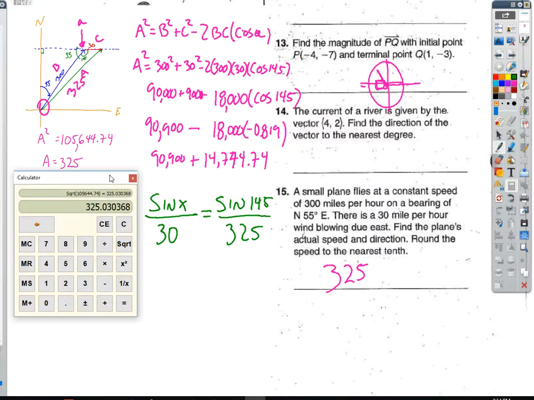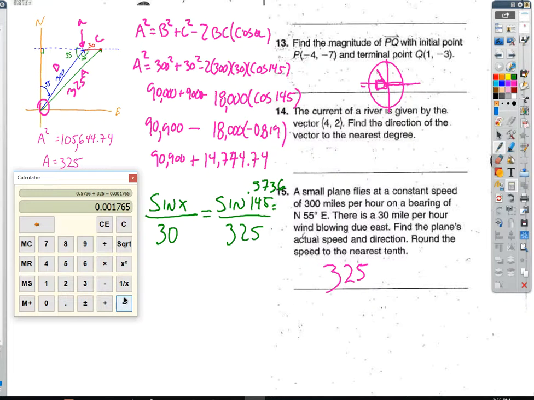So I'm going to jump to my calculator that you can't see to use the sine. So we have 145, find the sine, and that's equal to 0.5736. So we have 0.5736 divided by 325.